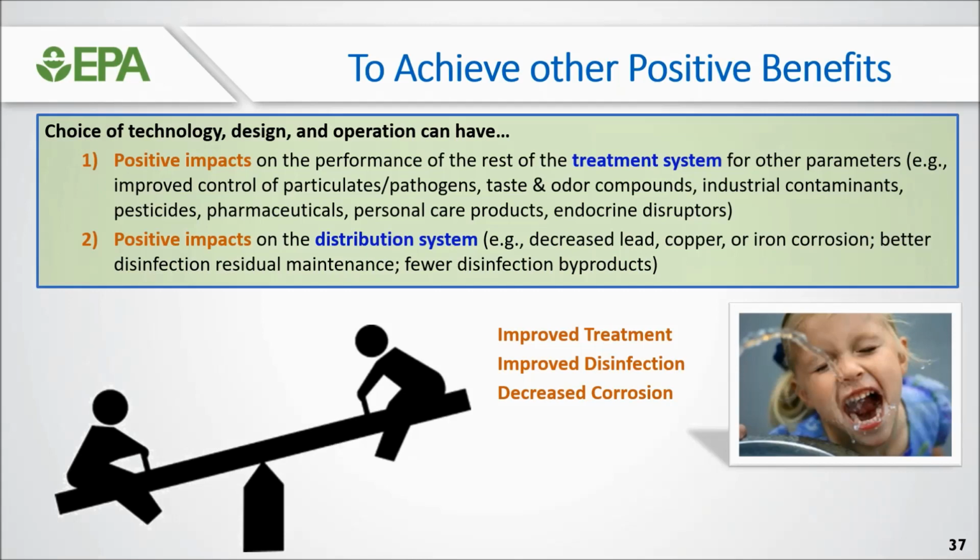So you can have improved control of pathogens, better control of taste and odor compounds, industrial contaminants, pesticides, pharmaceuticals, personal care products, etc. And also it can have positive impacts on the distribution system for lead and copper, corrosion, disinfection residual maintenance, fewer disinfection byproducts. So in that regard, it's the goal of PFAS treatment.